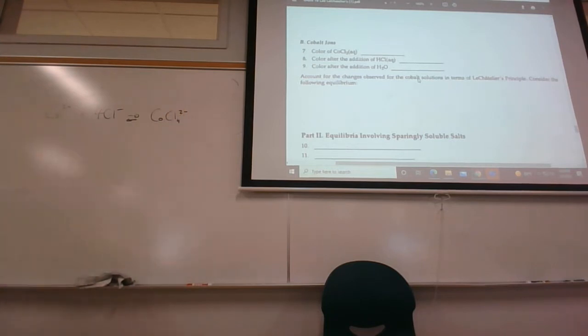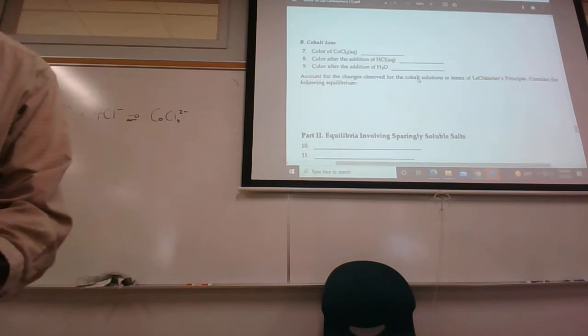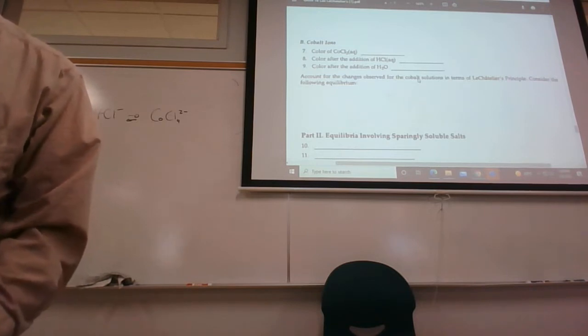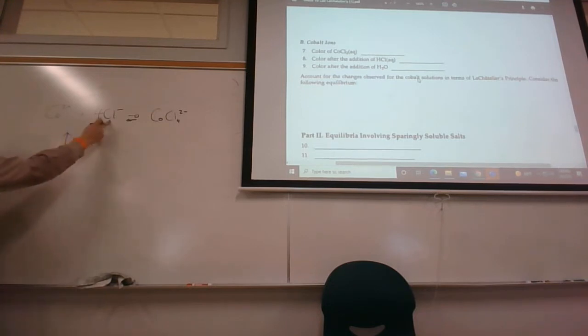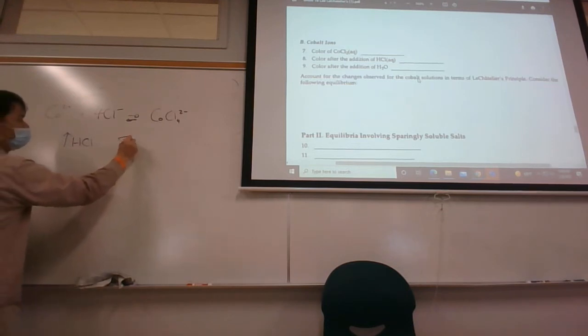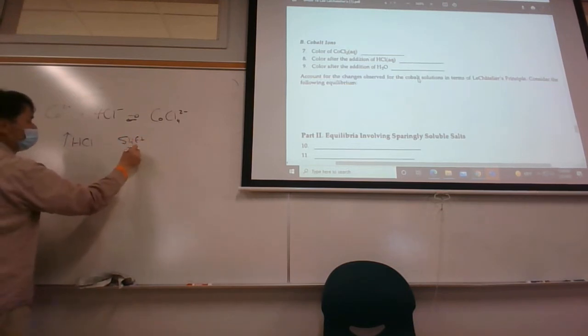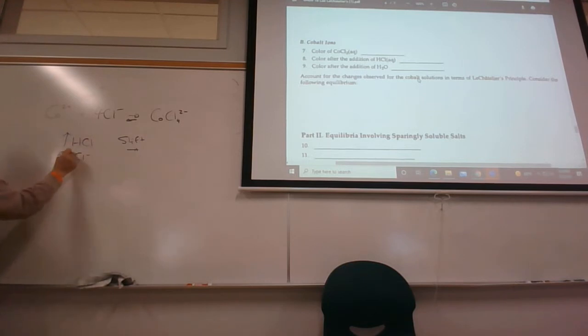There. So for this one, if we add HCl, that's going to increase the chloride. Which way does it shift? Yeah, shift to the right. So just increasing the chloride.